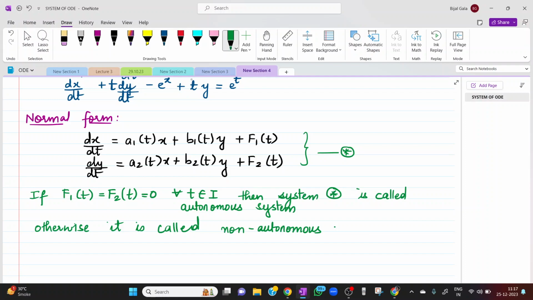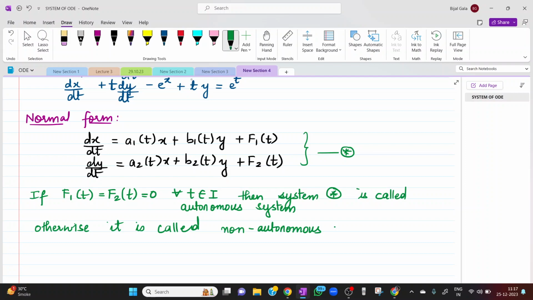Our main target is going to be to solve the system where these A1, A2, B1, B2, all of these are constants. We will be learning the methods where we will be working with constants over here, and F1, F2 will be zeros.